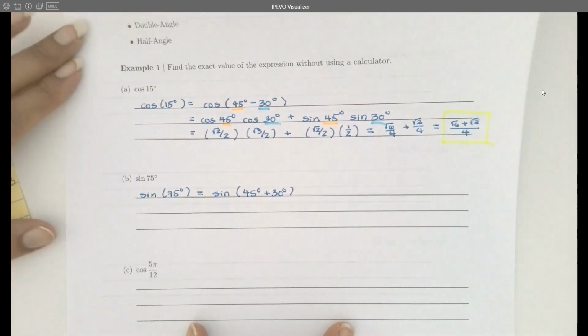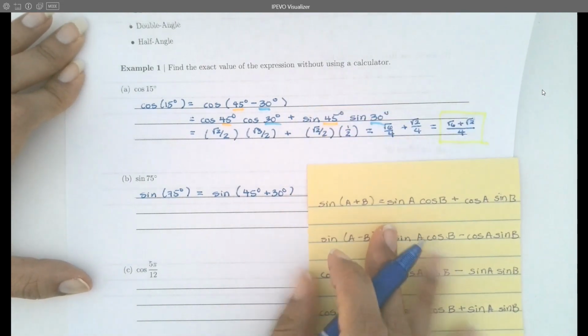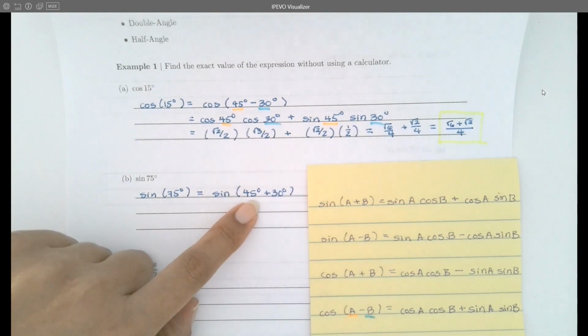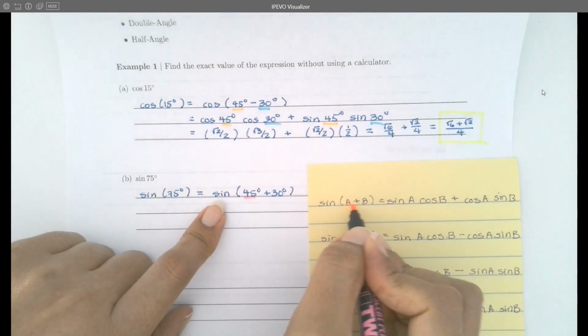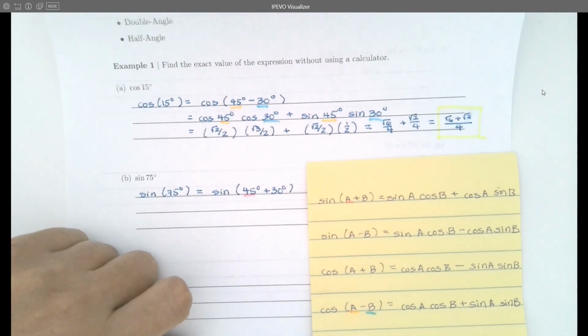So now if we look at the formula for sine, specifically the one that has plus, because that's the one that aligns with the form we have here, we get that A is going to be like the 45 degrees, and B is going to be like the 30 degrees.